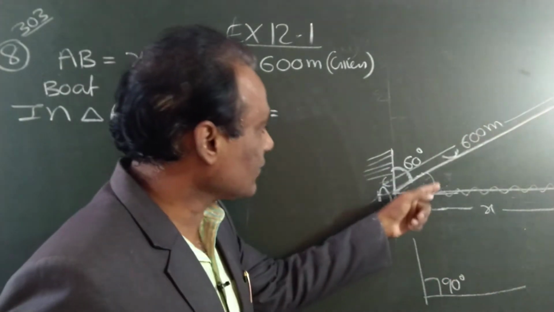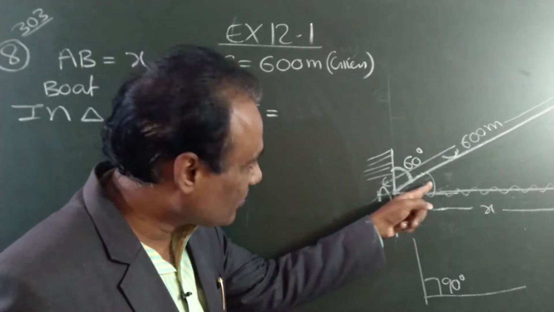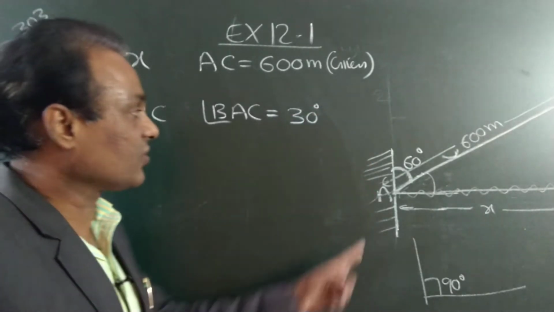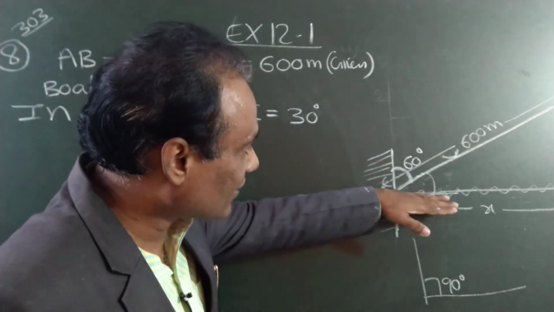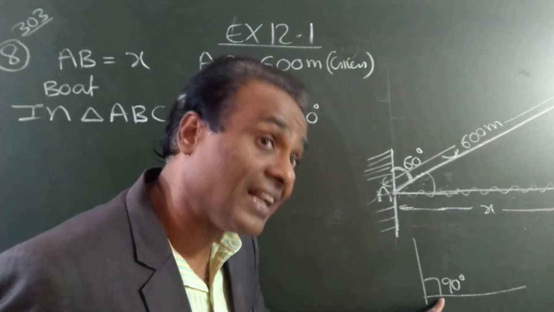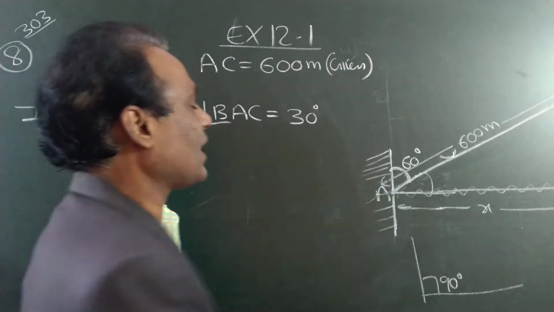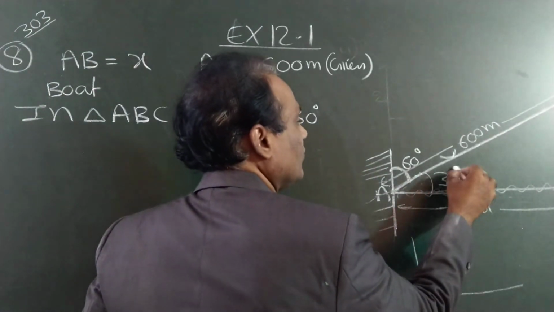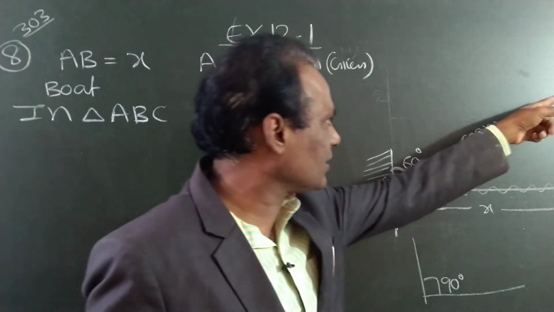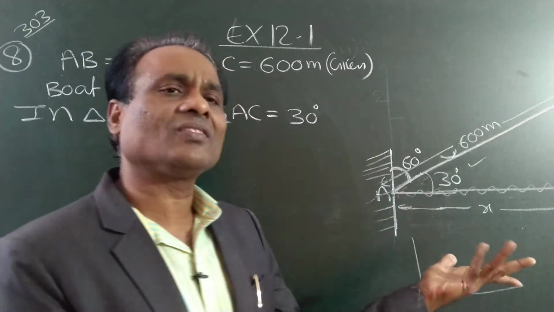If this total is 90 and this is 60, then this will be 30 degrees. This angle of 30 is required for our triangle, because we want the angle inside the triangle, not any other angles.